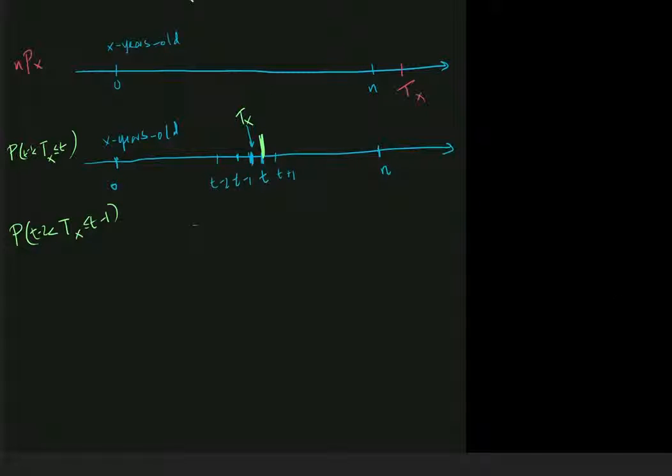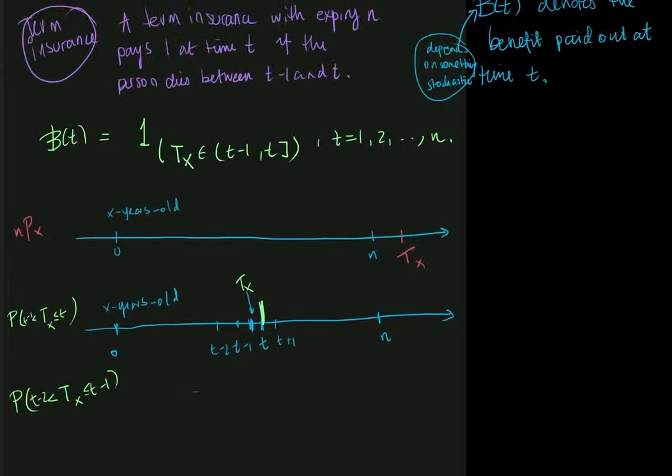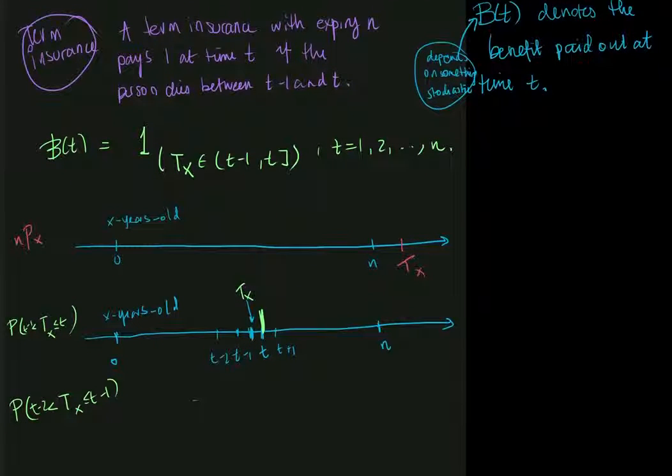So we can already see that this situation is a bit more complicated than we might have anticipated. And so this is why I think it's a good time now to bring in the formula for the expected present value. So the expected present value of future benefits is denoted by v of 0.